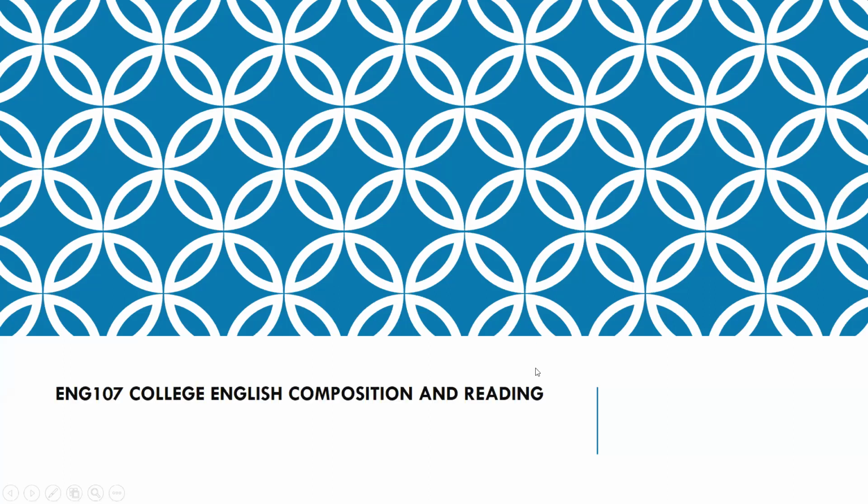Move it up a bit. So again, ENG 107, College English Composition and Reading, our twofold class. And again, this is correctly put down, and this would be week 3 because the 16th was Martin Luther King Day, so we have to skip that one, okay? All right.